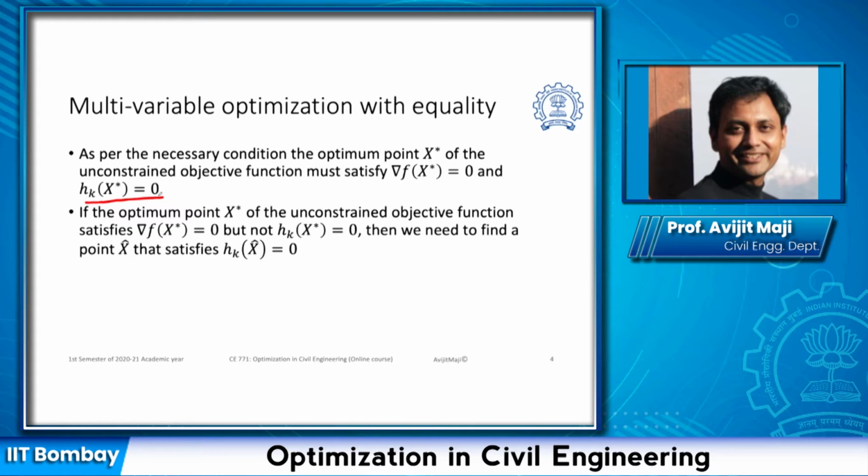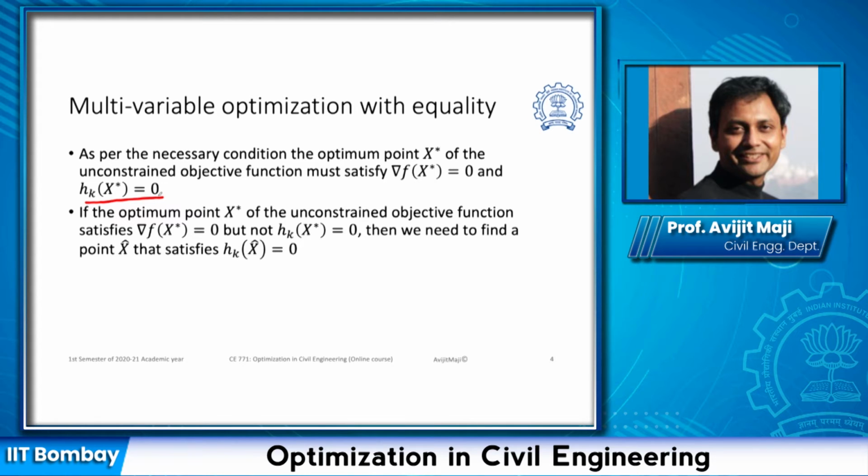So let's look into the other situation. If we obtain a set of optimal points that satisfy the unconstrained objective function's necessary condition but do not satisfy the constraint, then those points cannot be considered as optimal points.